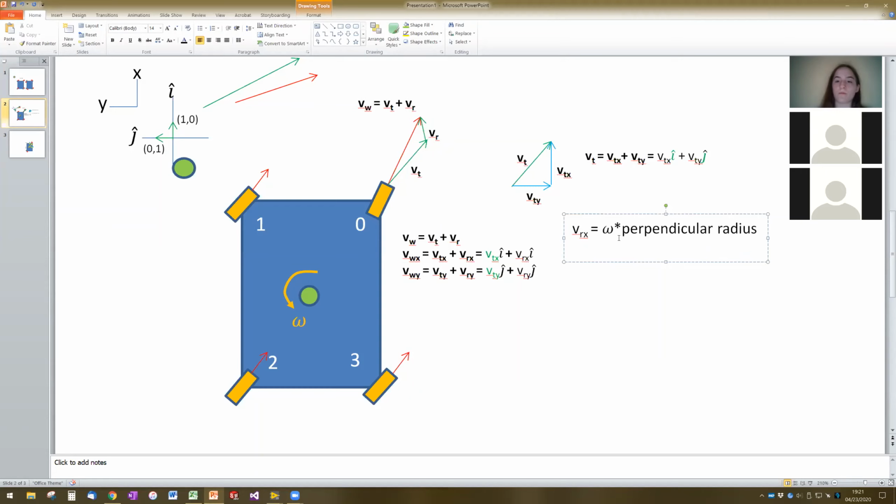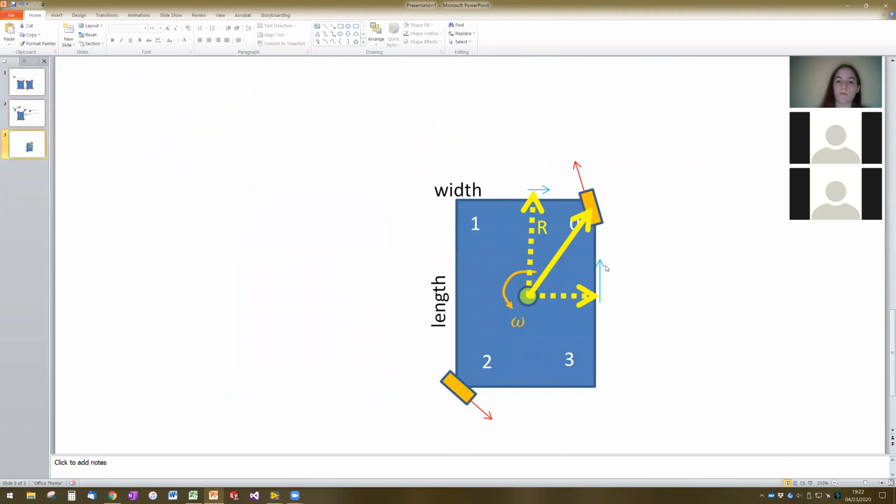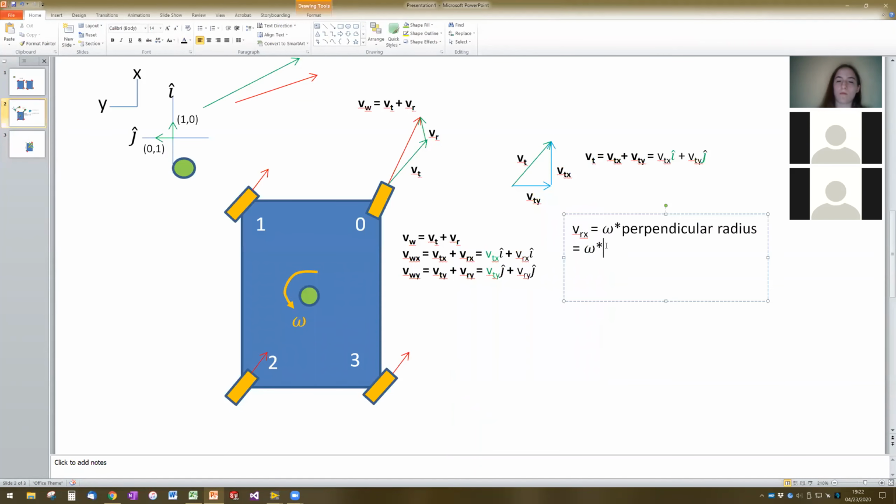Okay? And for our purposes, that means that it is omega times the velocity in the x direction. The distance that we care about is this one, which is 1/2 the width. So 0.5 times the width of the robot.